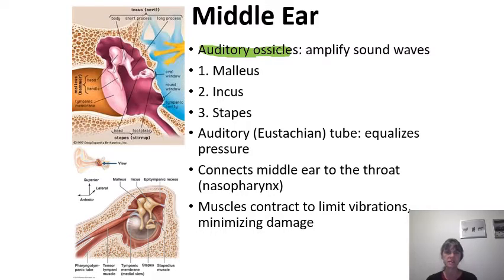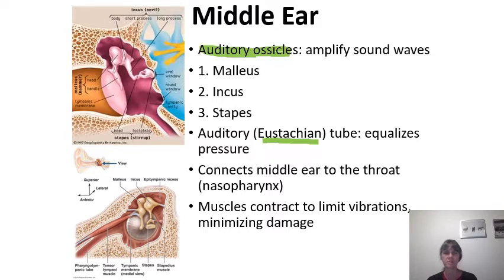We also see the opening for the auditory tube or pharyngotympanic tube. This is also referred to as the eustachian tube, if you've ever heard of that term before, and it helps us equalize pressure on both sides of the tympanic membrane.